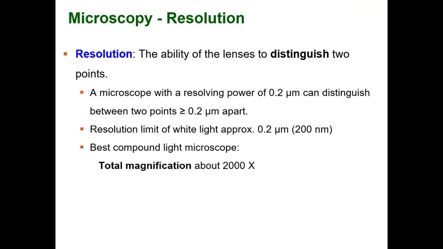Because if you did, it will still be all blurry, and you would not be able to see the 2 points as distinguished from each other if they were closer together than 0.2 micrometers.